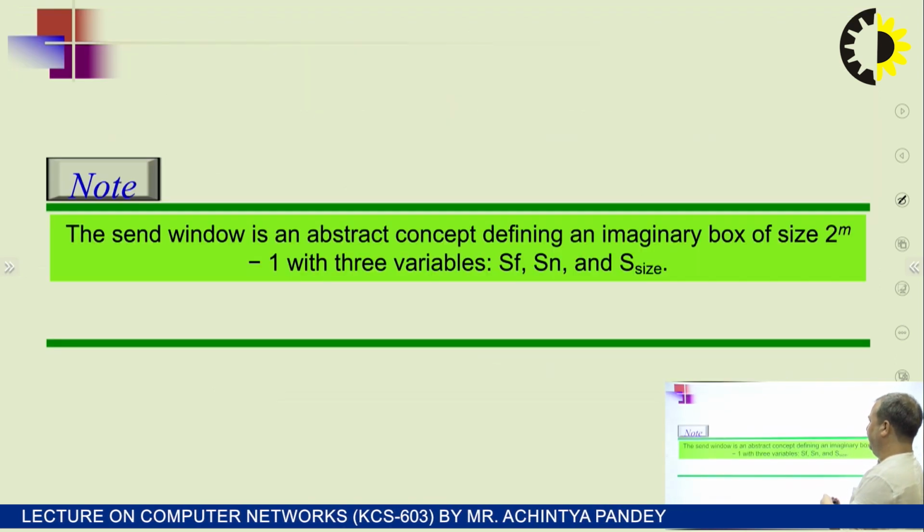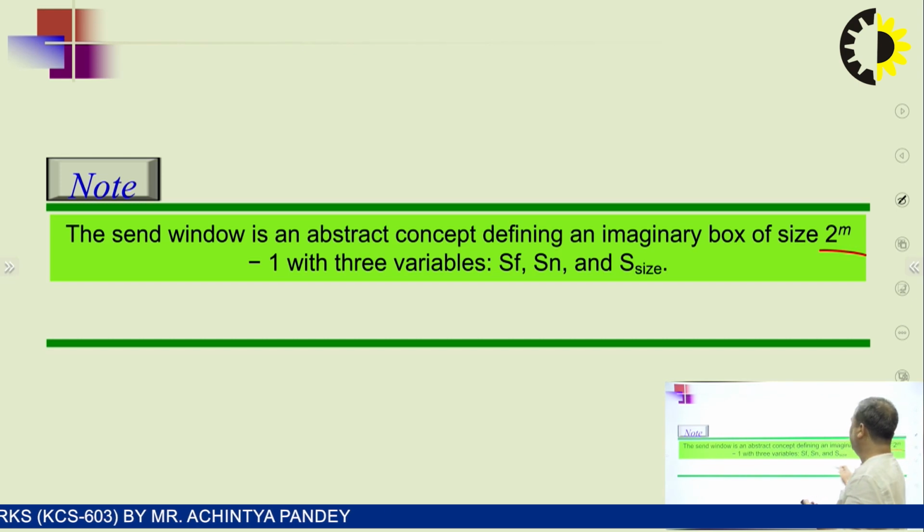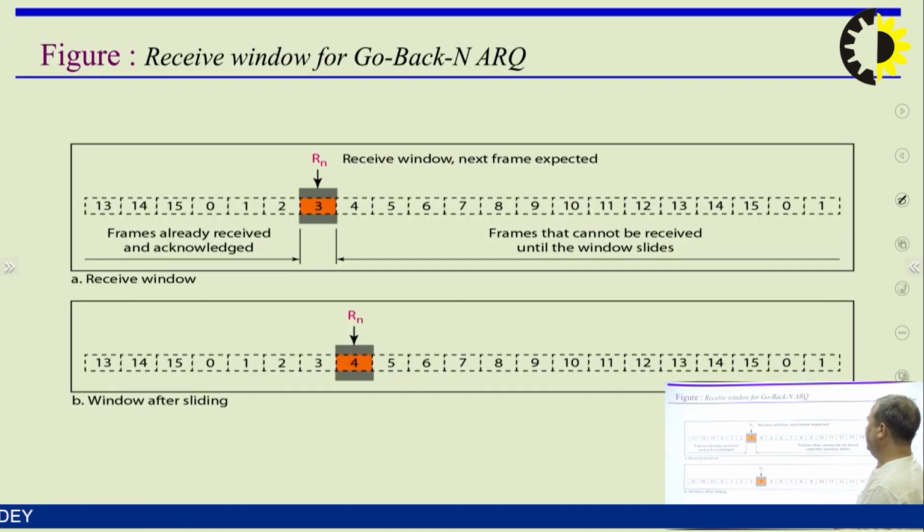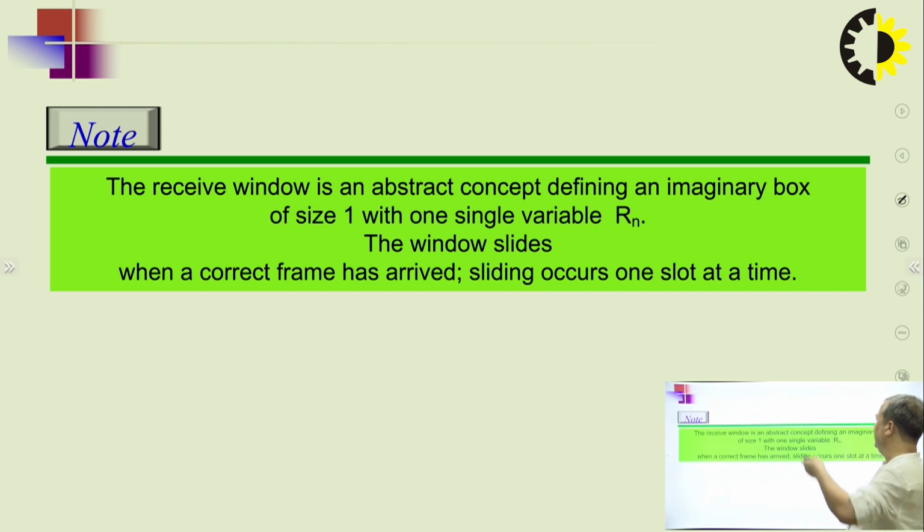You can see the send window is an abstract concept. In Go-Back-N ARQ, the window size will be 1 less than 2^m, so 2^m minus 1 will be the window size. And this is the behavior. Just see the example. The receiver window size will always be 1.